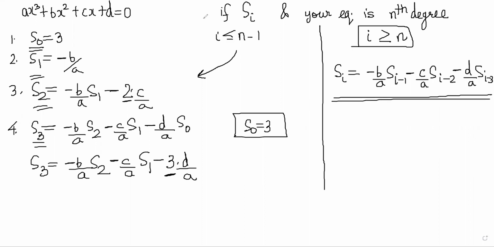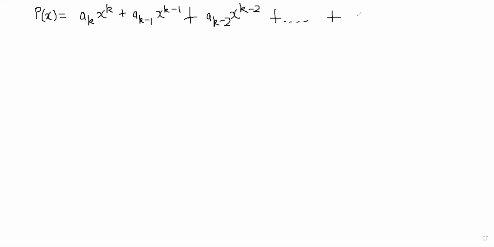So let's think about this part, which is slightly unclear for an nth degree polynomial, and how the formula differs in more detail. Let's take a k degree polynomial, P(x) equal to a_k x^k plus a_(k-1) x^(k-1) plus a_(k-2) x^(k-2) and so on till a_1 x plus a_0, right?